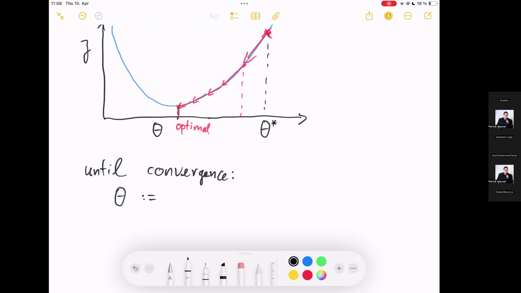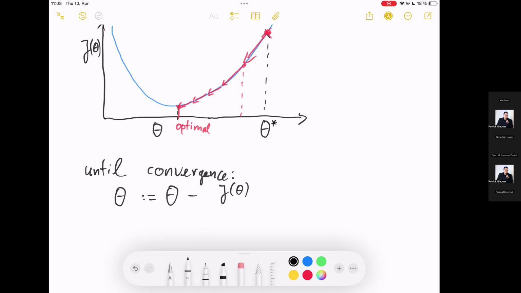So theta is the old theta value minus the change of the error. So we said the error function is J. We can say J of theta, just to highlight this. So J of theta, and we want its change.